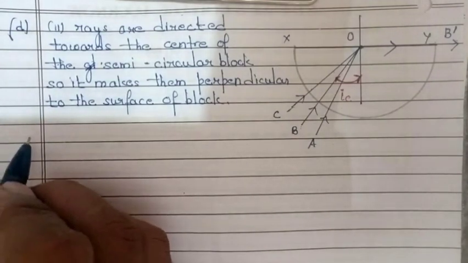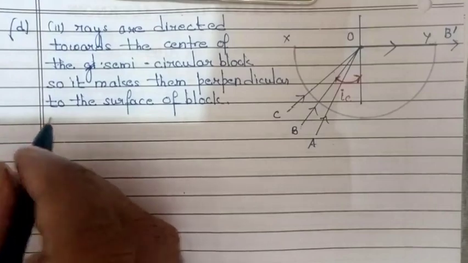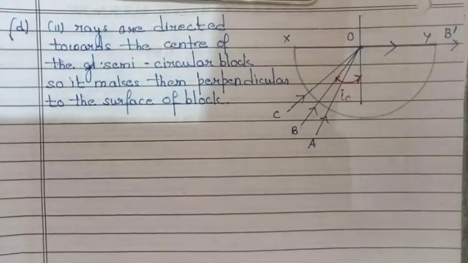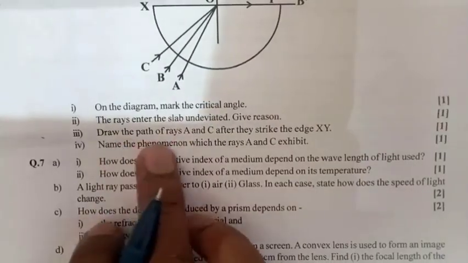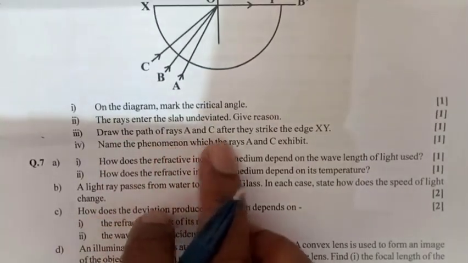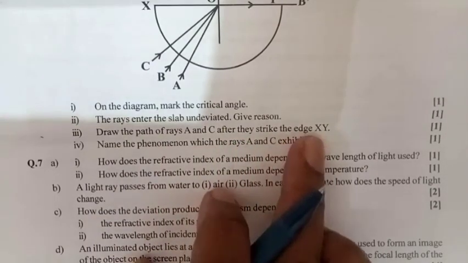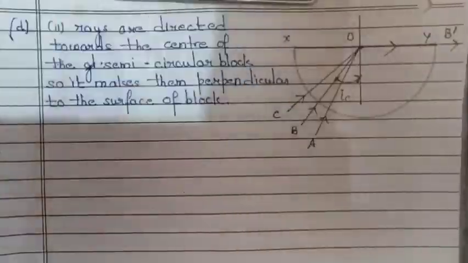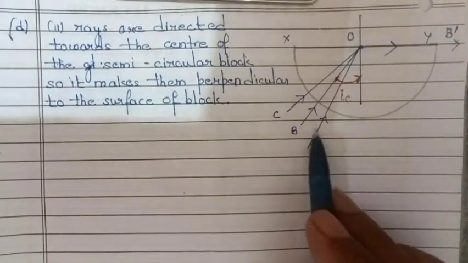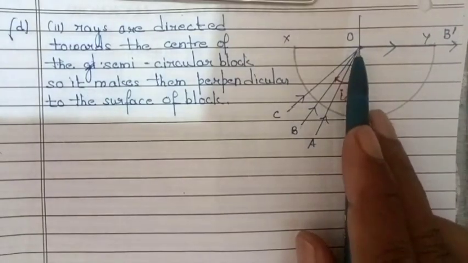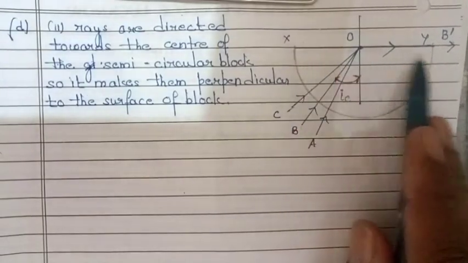Next, the next part says, draw the path of ray A and C after they strike the edge XY. So here, the two rays A and C are striking the edge. This is the edge XY.